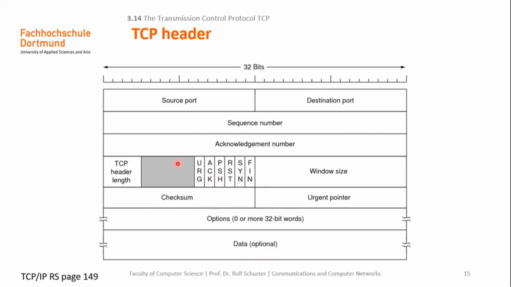Finally, if the urgent bit is set, we indicate with the urgent pointer where the urgent data that is sent is. That is a mechanism to transmit data without sequence control. That is what is called out of order data.